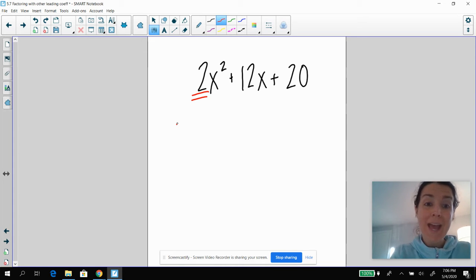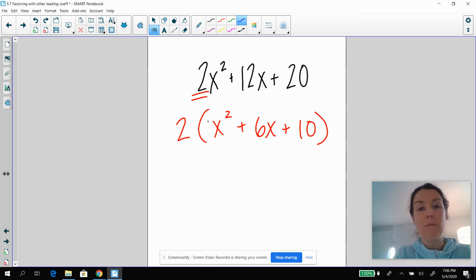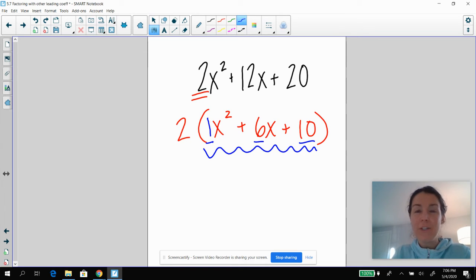So I can factor out a 2, and then I'm left with x squared plus 6x plus 10, the exact one we had before. But now I've got a leading coefficient of 1. So my a is 1, my b is 6, and my c is 10. I can now factor this just the way we did before. So it's not really exciting when my leading coefficient is just something I can factor out of each term.